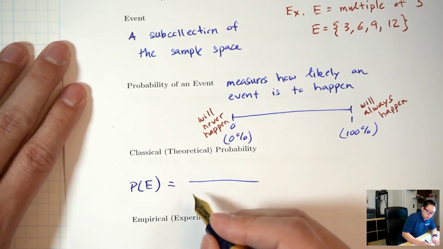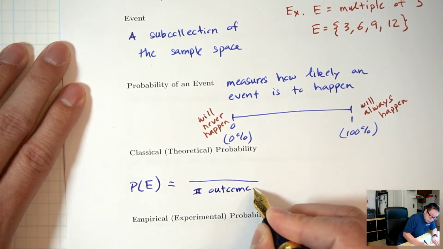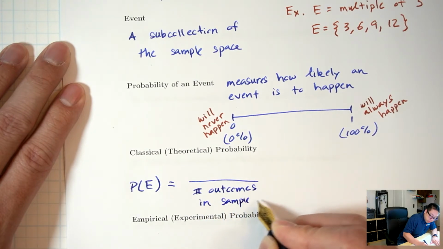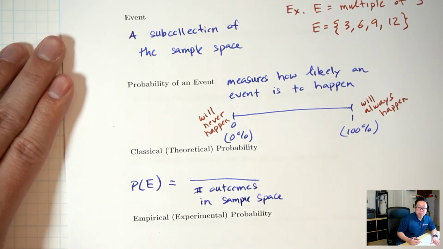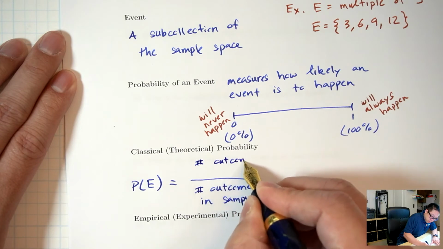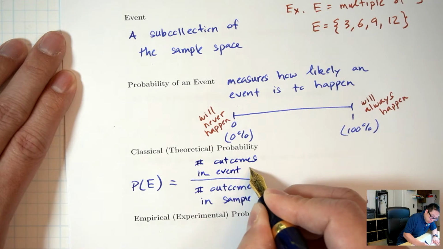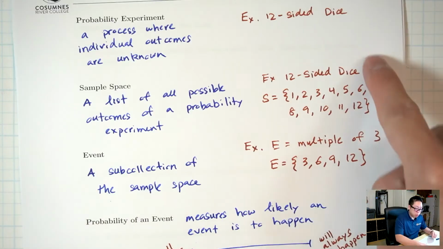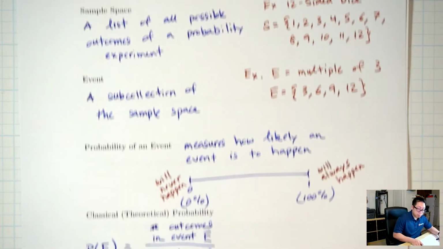So on the bottom, we're going to count the number of outcomes in the sample space. And then on top, the number of outcomes in the event E. Okay, so let's go to our example of the 12-sided dice and the event of rolling a multiple of 3.